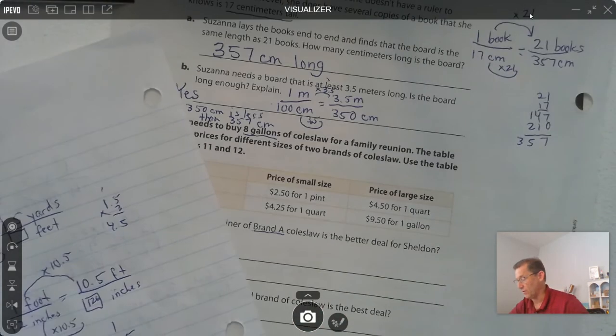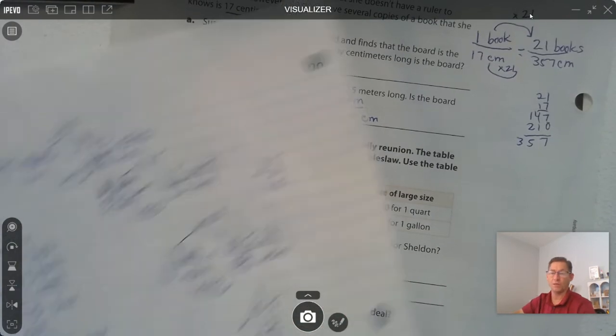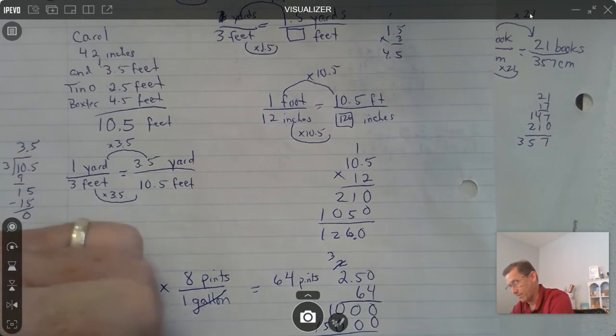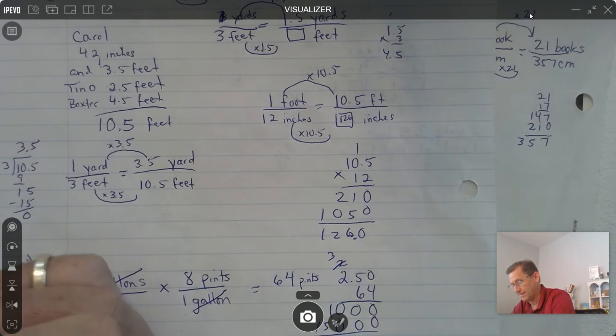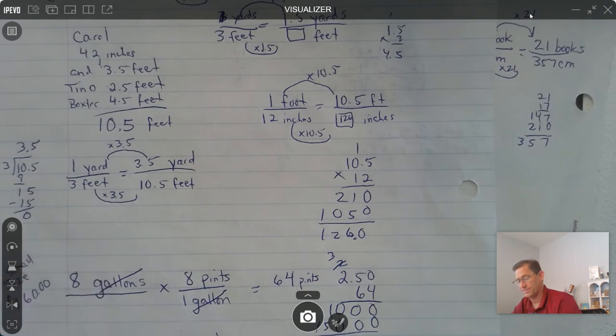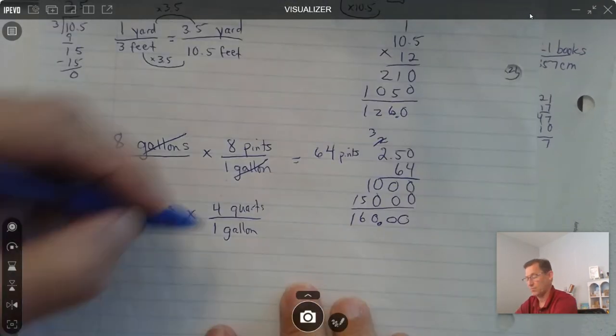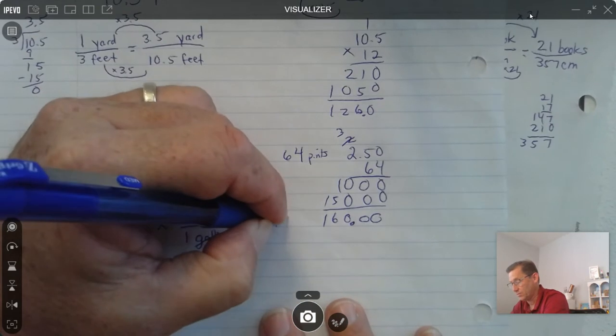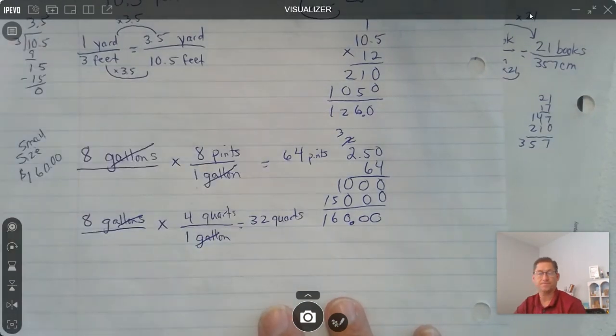Okay, now this other one was $4.50 for 1 quart. So again, we're going to have 8 gallons, and we're going to multiply that by 1 gallon is the same as 4 quarts. Well, gallons can be divided out, leaving us 32 quarts.